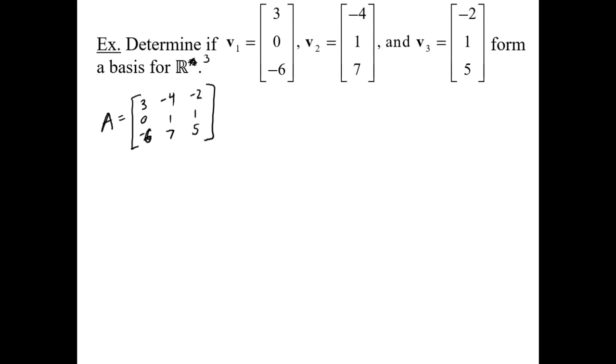We have a whole ton of stuff we could do here. We could see if we have a pivot position in every column and every row. We certainly did that plenty in the last couple chapters. We could find the determinant and see if the determinant is non-zero. That would totally work here too.